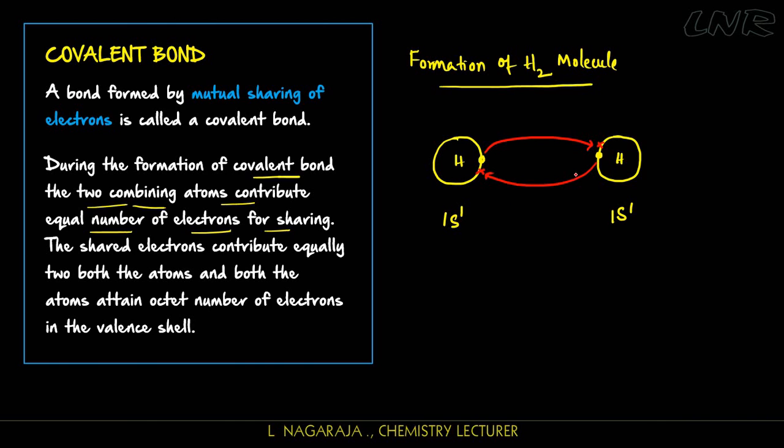So that cross mark is an electron in mutual sharing. So these hydrogen atoms contain one pair of electrons between the atoms. That is, both the hydrogen atoms attain the nearest noble gas configuration. Let us see how they attain the nearest noble gas configuration.